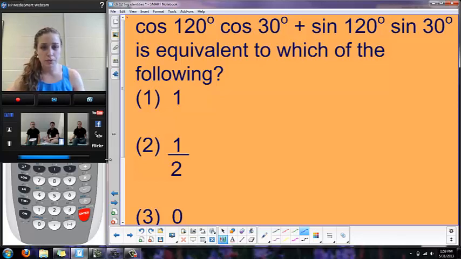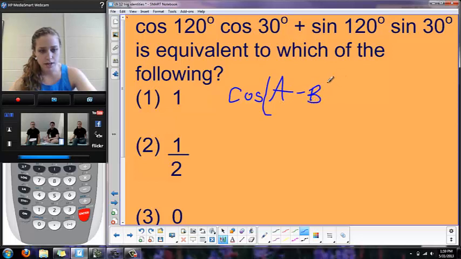So all you have to do is pick the one that has the addition sign in between. So cosine of A times cosine of B plus sine of A times sine of B is the equation for the cosine of A minus B.